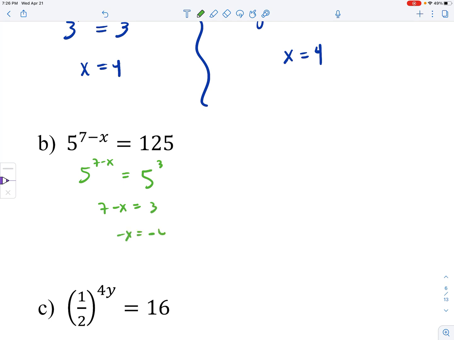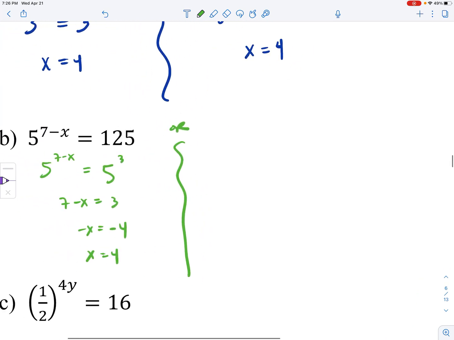Finish solving for x, so you get x equals positive 4. Or you could rewrite in logarithmic form. So that would be log base 5 of 125 equals 7 minus x. And then finish getting x by itself.